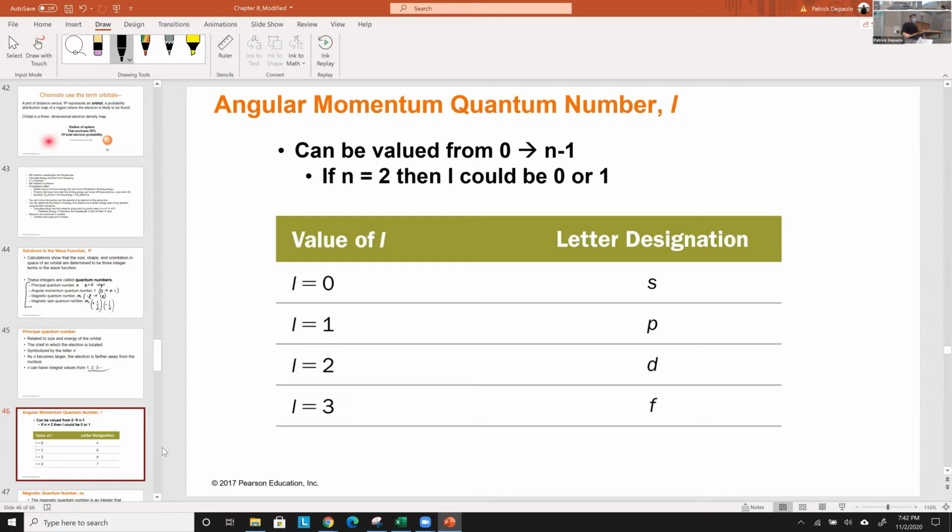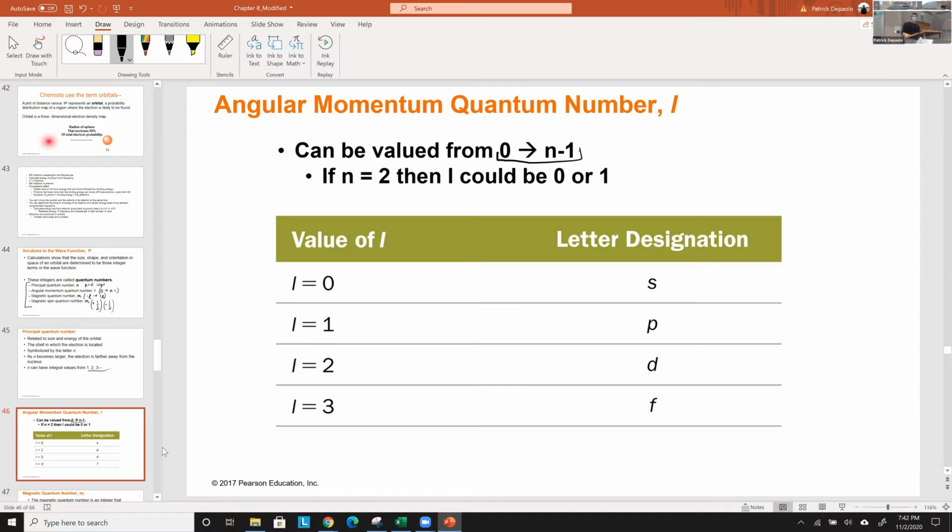So now L, the angular momentum quantum number. It can be from 0 to n minus 1, like I said. So for example, if n equals 2, the possible numbers are 0 and 1 for L. And L tells you which orbital the electrons are located in. So each L number corresponds to a certain letter.